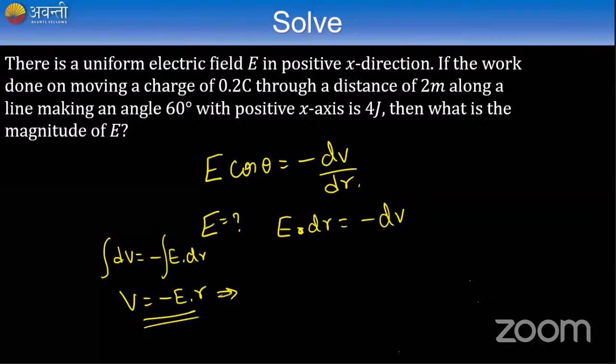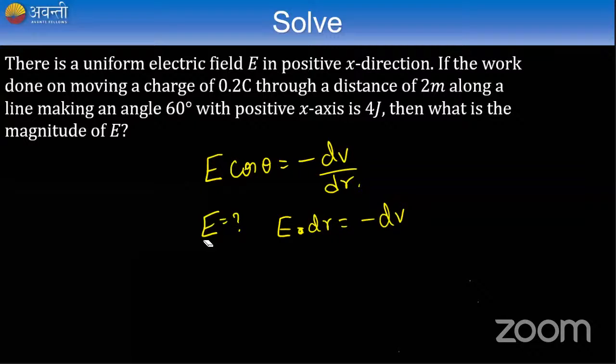Again, guys, what is my V? How can I use this? Which formula should I use? So I should use W by Q. Sorry, yeah. Then they have given work done, right? Based on the given data, we have to take the variables.